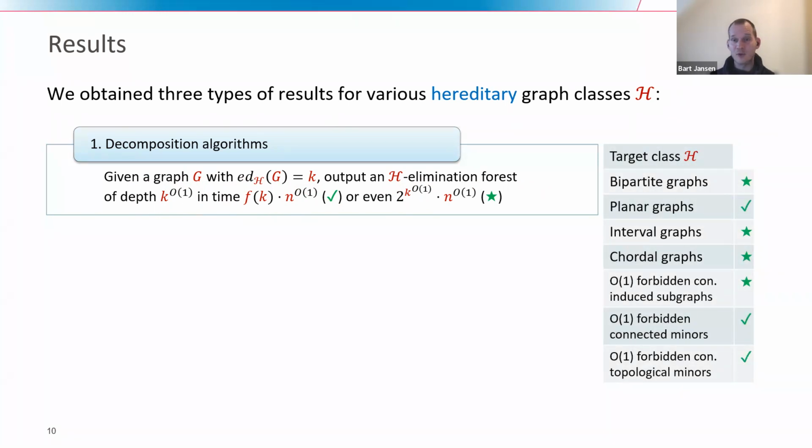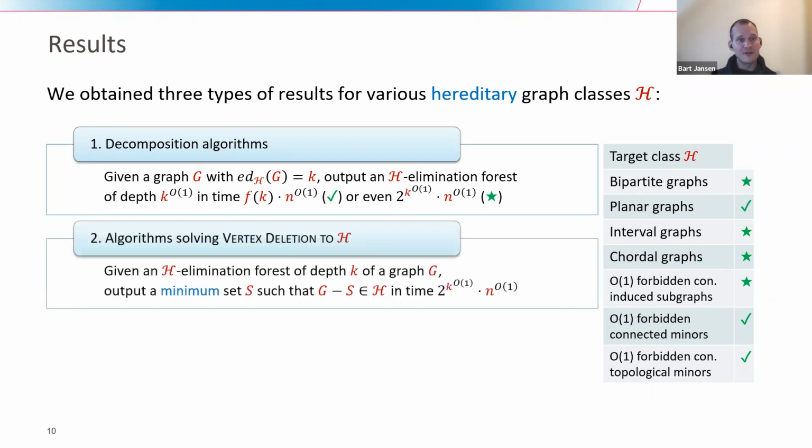This works for a range of target graph classes, including the ones I showed you on the first slide: bipartite graphs, chordal graphs, planar graphs, but also families defined by a constant number of forbidden connected induced subgraphs, or forbidden connected minors, or forbidden connected topological minors. So in quite some generality, we were able to find decompositions that basically compute H elimination distance.